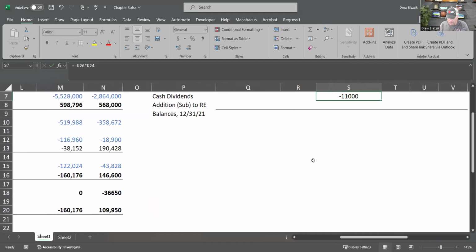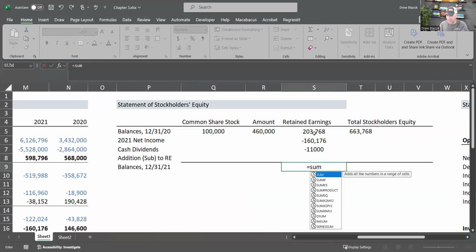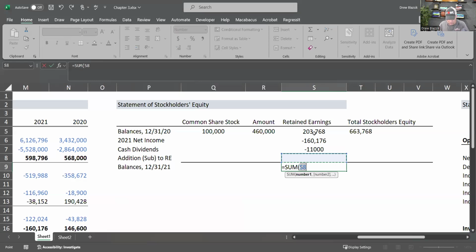And we have, going into 2020 to 21, we had 203,000. We added the net income. We subtracted out the dividends for that year. So underneath this, I'm going to add all those up. And this is going to give me my balance of retained earnings from 20 to 21. 32,000.